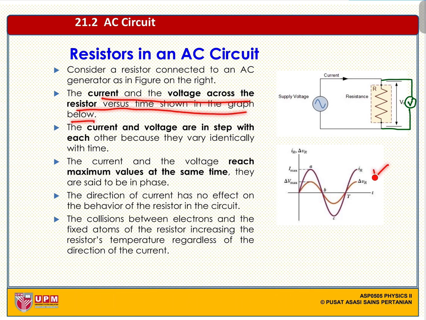So here, you have this current, this is your current graph, and this is your voltage across resistor. So voltage across resistor kita akan buat VR. Ni maksudnya voltage across resistor.